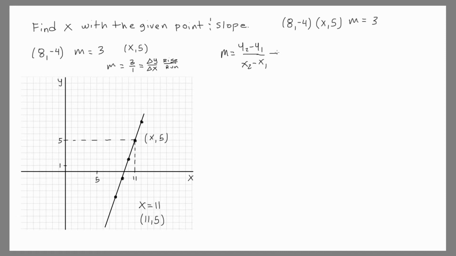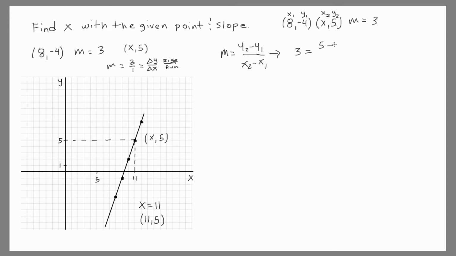So we've got this formula, why not plug it in? So m is 3 equals, and then you have this situation. This is x, this one's y, this one's x, this one's y. This is my first point. This is my second point. So y2 is 5, take away y1, which is the formula.